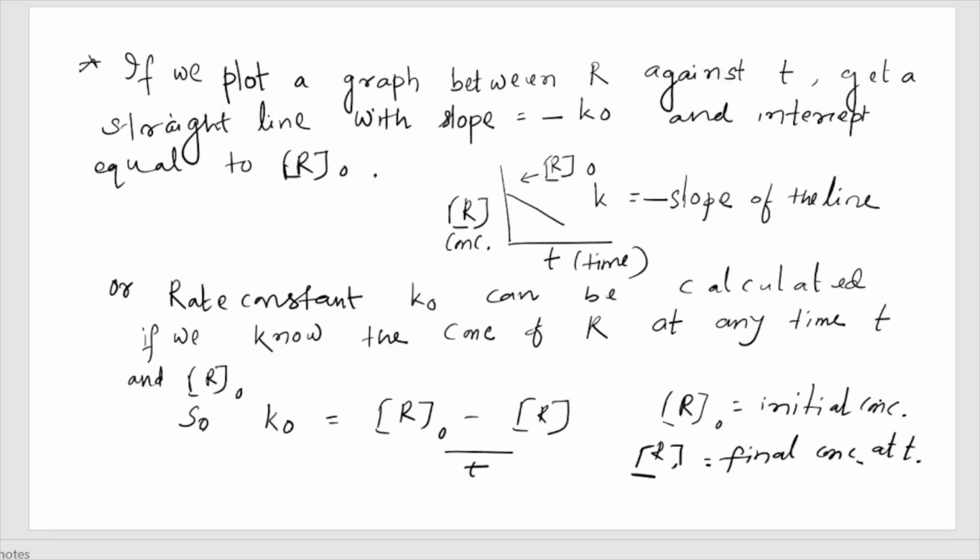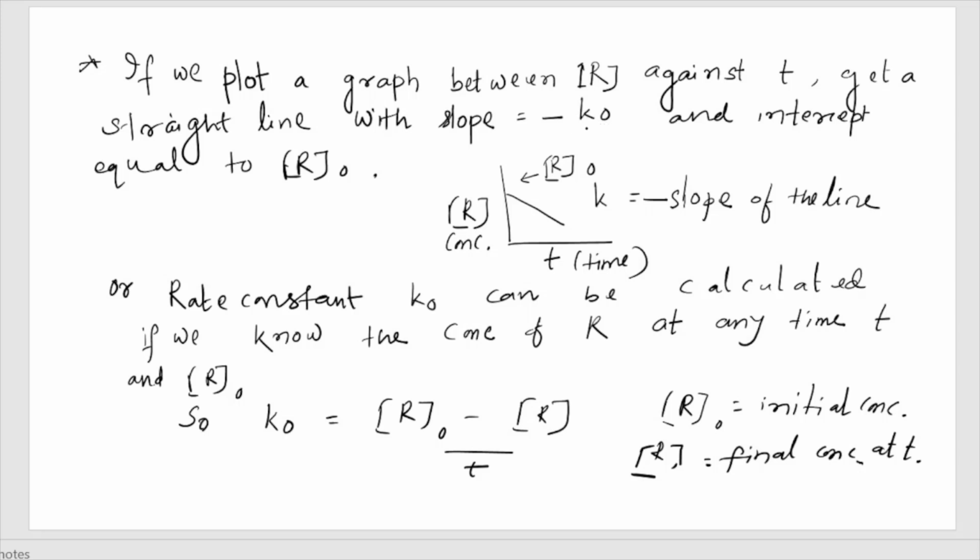If we make a plot between R, the concentration of reactant, against t, you get a straight line with slope minus K0. What is the 0? Why are you writing 0? The 0 means the rate constant of zero order.